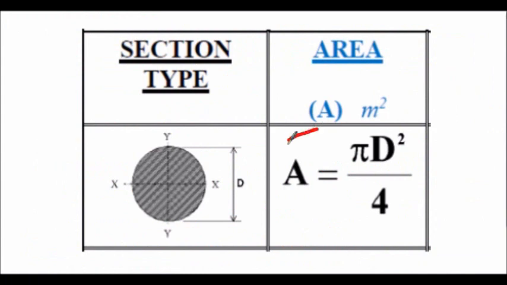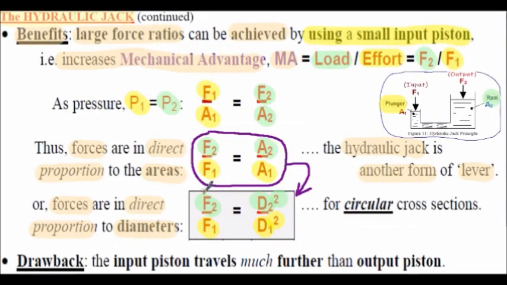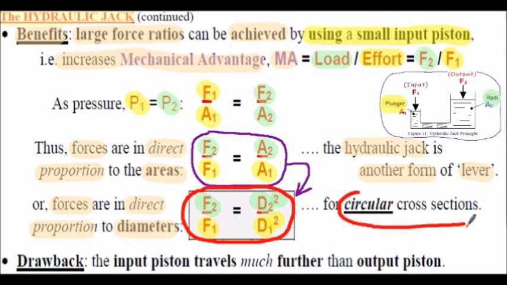Just note I'm using the formula for cross-sectional area as pi D squared divided by 4, a formula I've used in previous presentations, where of course the capital D in the formula relates to the outside diameter shown here. This is an extract from my previous presentation. As I say, this latter formula in terms of the diameter squared can only be used when we have circular cross sections at the plunger and the ram.